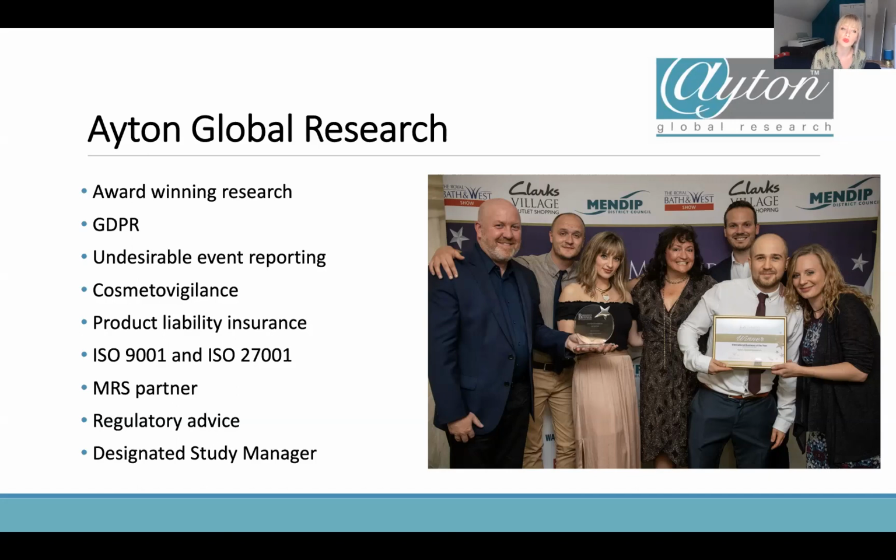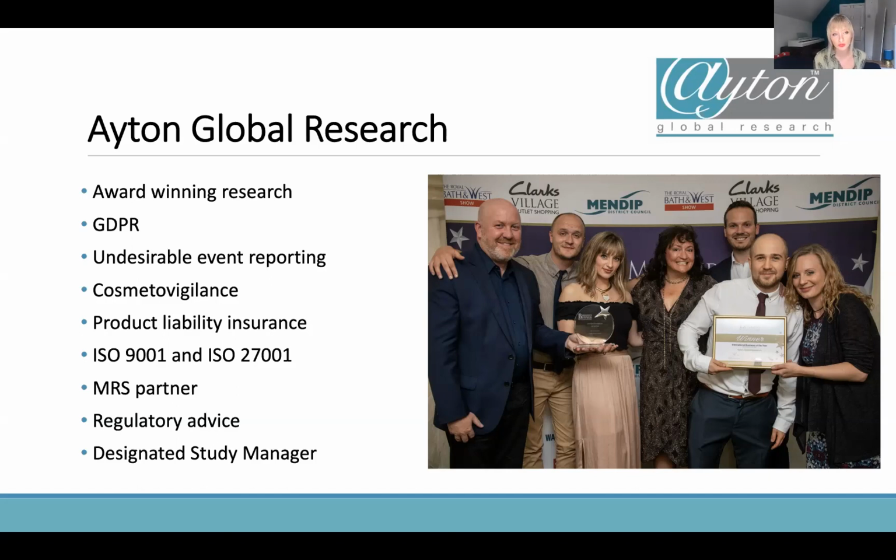This is all made in accordance with the Cosmetic Vigilance Act as well. People have an emergency number to call us on, and we can give your responsible person, or whoever you want, access to all of that. It's all in real time. The minute someone submits an undesirable event, they can access that through their client login.